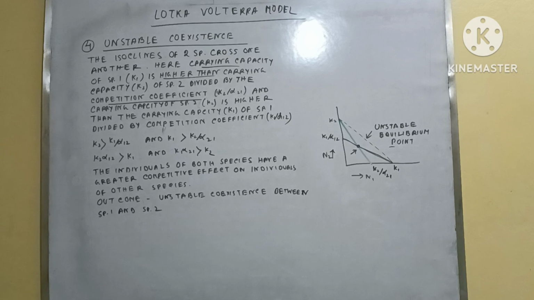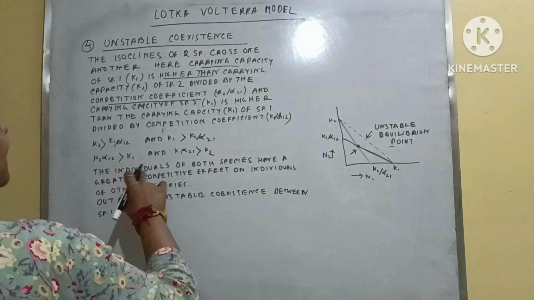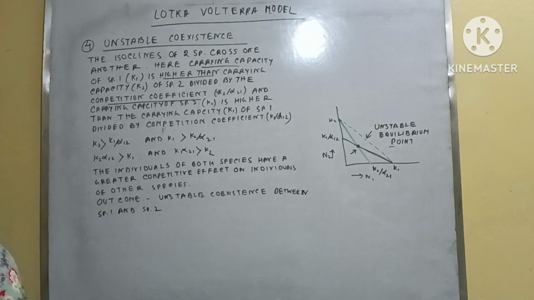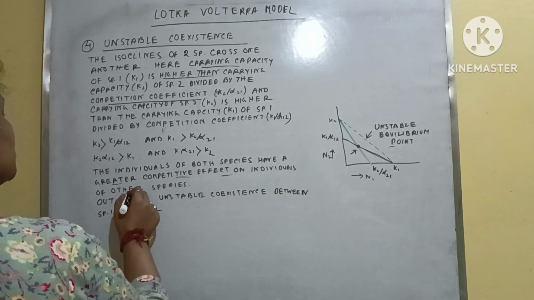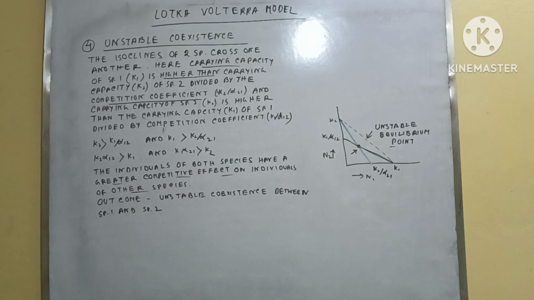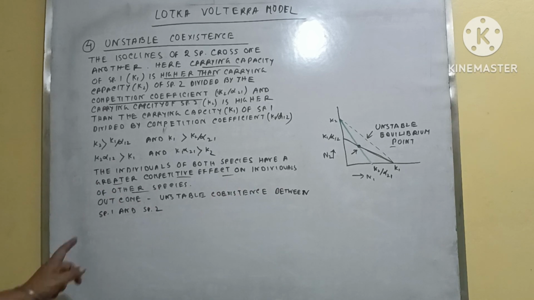In that case, individuals of both species have a greater competitive effect on individuals of the other species. That means both have a greater impact on each other. The outcome is that unstable coexistence is seen between species 1 and species 2.